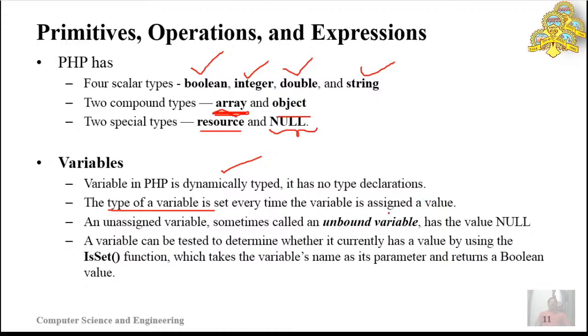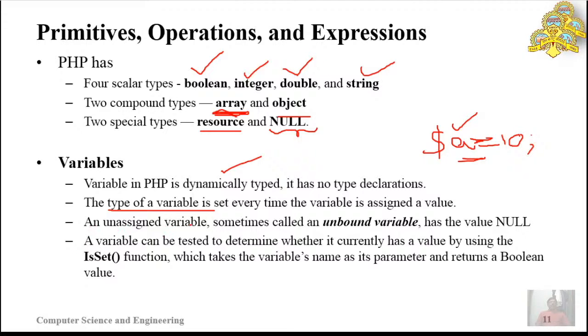That means if I store a number in variable $a, for example the value 10, now the type of the variable a is integer. If I store a string, now the type of the variable will become string.